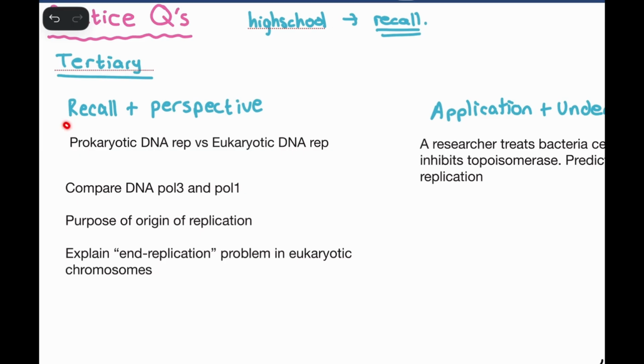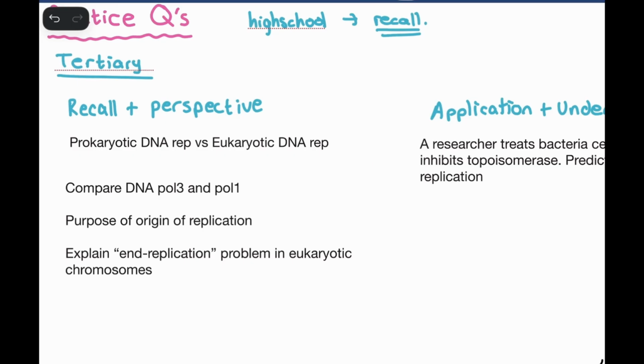So they will not just flat out ask you, explain DNA replication for so many marks. Instead, they will say very specifically, compare prokaryotic DNA replication with eukaryotic DNA replication. Or maybe compare the role of DNA polymerase 3 versus DNA polymerase 1.